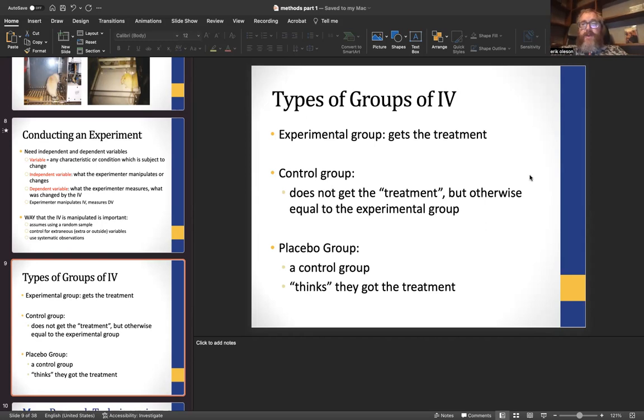I guess if you are dealing with subthreshold doses or doses that are not producing massive hallucinations, maybe, but it becomes pretty hard to create placebo-controlled trials for some of the drugs that we study.